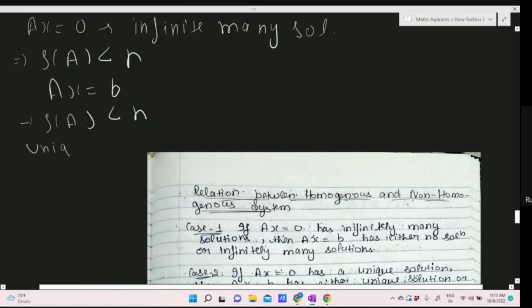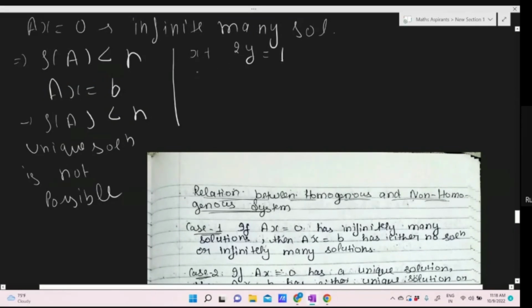Therefore, a unique solution is not possible.